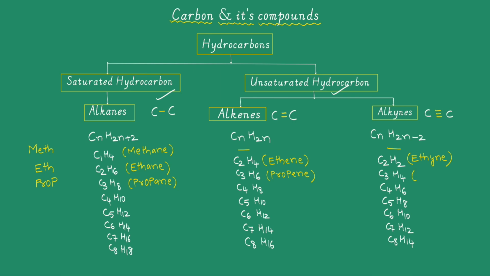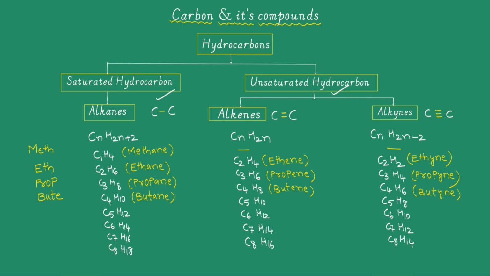And this will be propyne. In a similar way, if there are 4 carbons, we call it but. But, and this will be butane. This will be butene. This will be butyne.